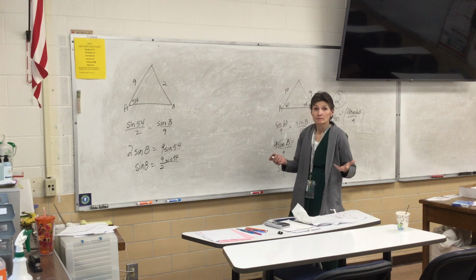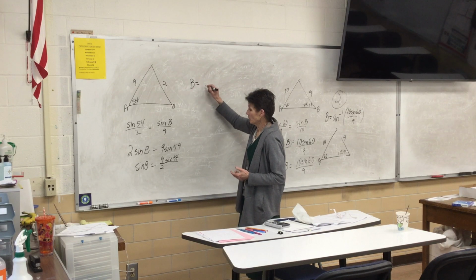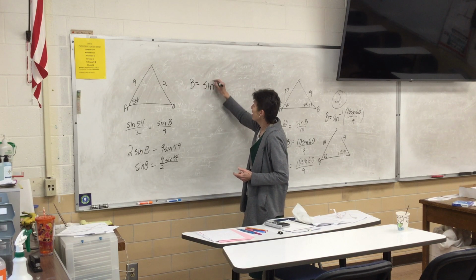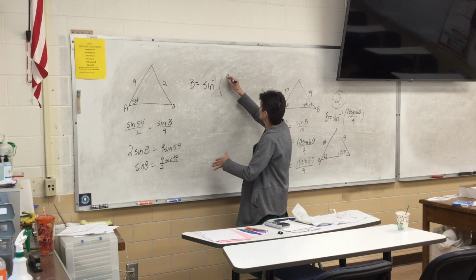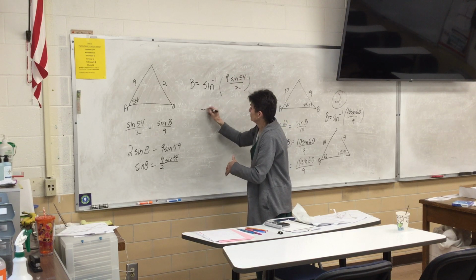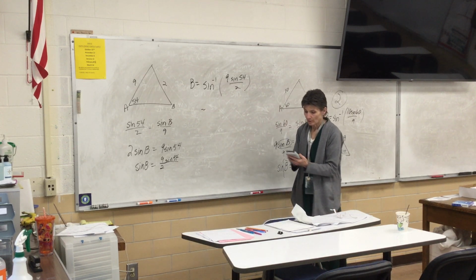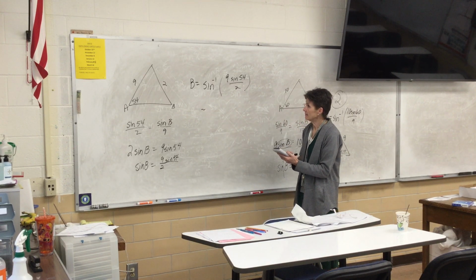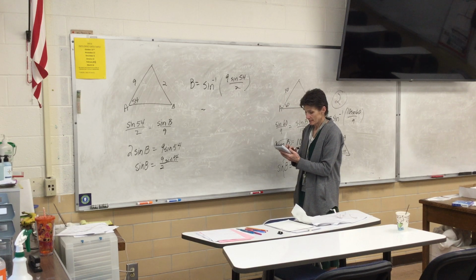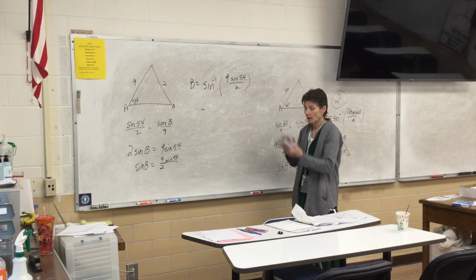And then to get B by itself, I'm going to have to second sine that big fraction. So here we go. Second sine 9 sine 54, close parentheses, divided by 2.